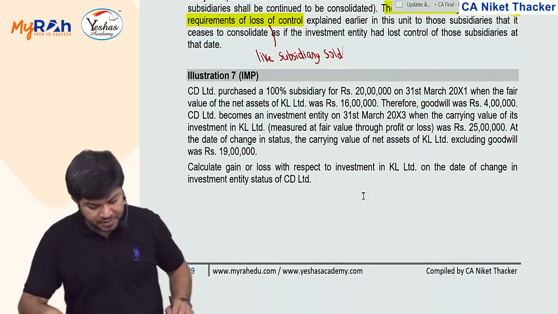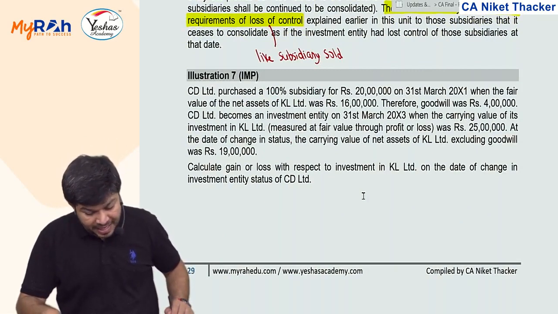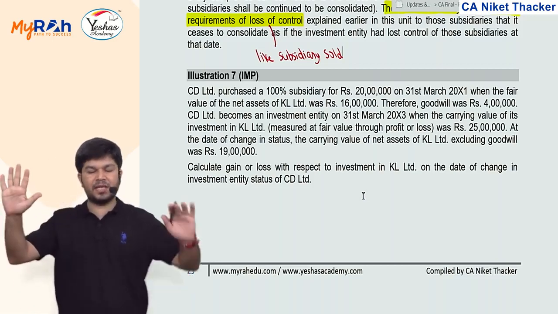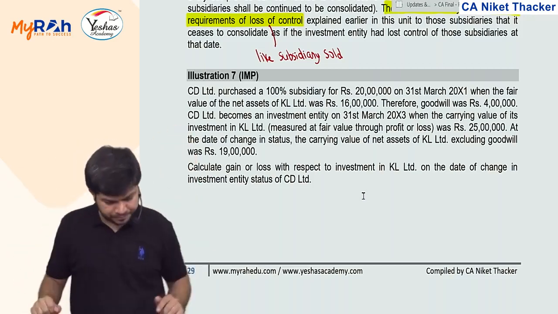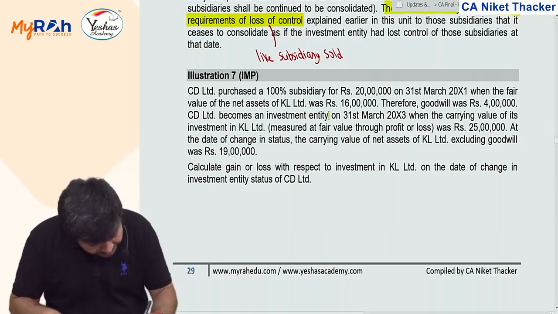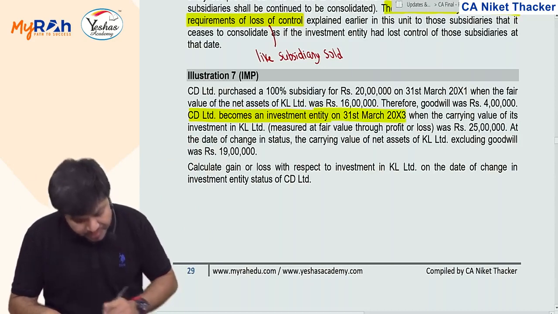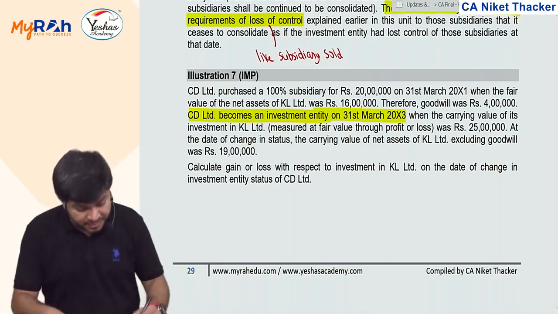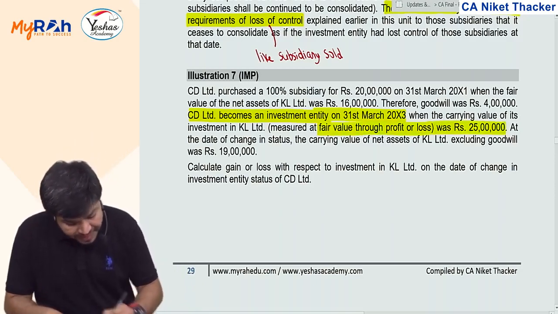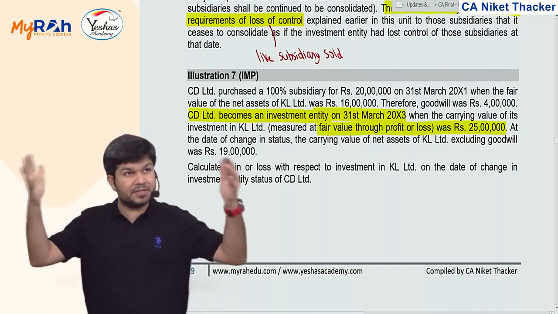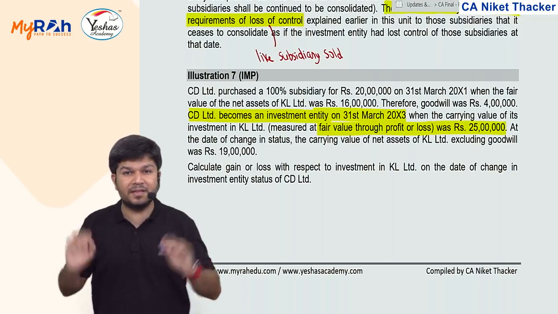Okay, the CD purchase 100% for 20 lakh on 31st March 1 when fair value of net asset is 16 lakh. Net asset 16, I paid 20, 4 lakh was goodwill. Now you become an investment entity. If it is an investment entity, fair value is 25 lakh. अब books में earlier not an investment entity, assets liabilities there, goodwill there, NCI nil.